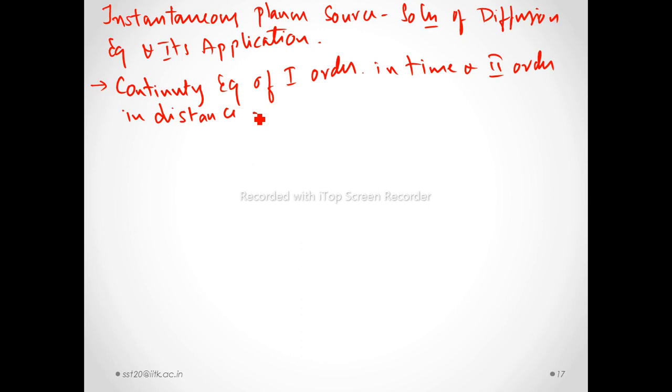Then the continuity equation is given as dou c by dou t equal to D into dou square c by dou x square, where D is a constant.